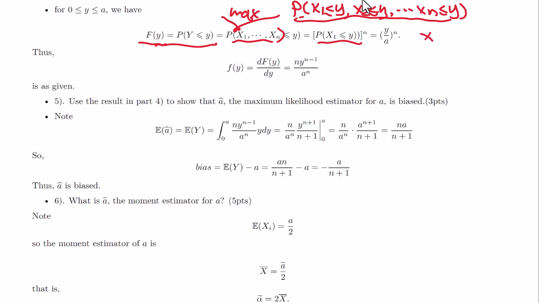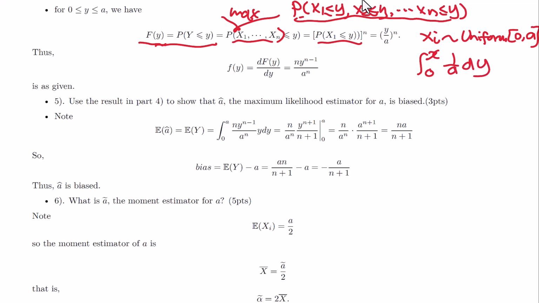Each individual Xi has a uniform distribution from 0 to a, so to get the probability is easy: the integral from 0 to y of 1 over a dx.